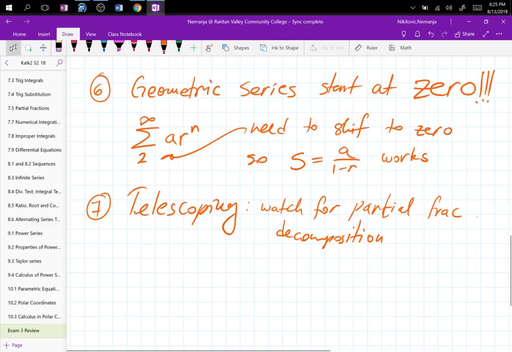Because when you have a series of 1 over n minus 1, like this, that's telescoping. It doesn't look like telescoping, but as soon as you complete your partial fraction decomposition for this, it will be telescoping. So you have to watch for those things.